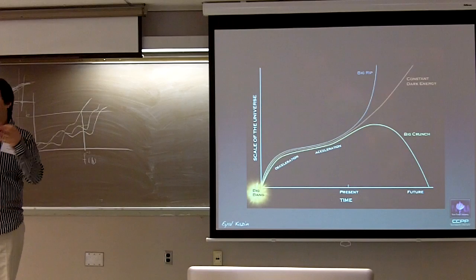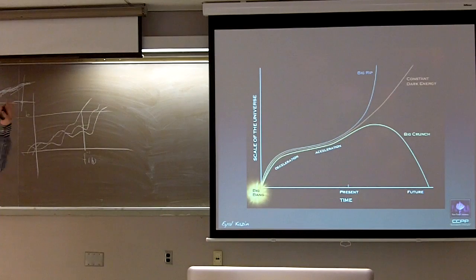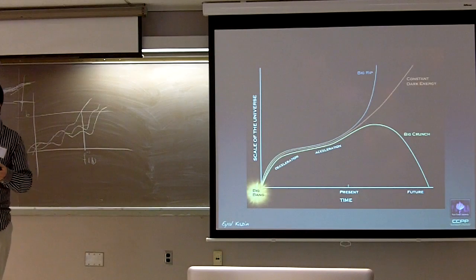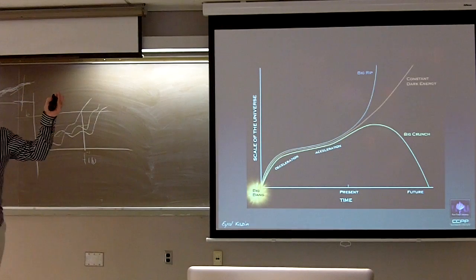Because if you have something that's massive and expanding, you expect it to pull on itself just through gravity. For example, take a grenade and let it blow up in space without anything around it. You eventually expect it to pull on itself and decelerate in its expansion. So that's what happened when the universe was matter dominated.